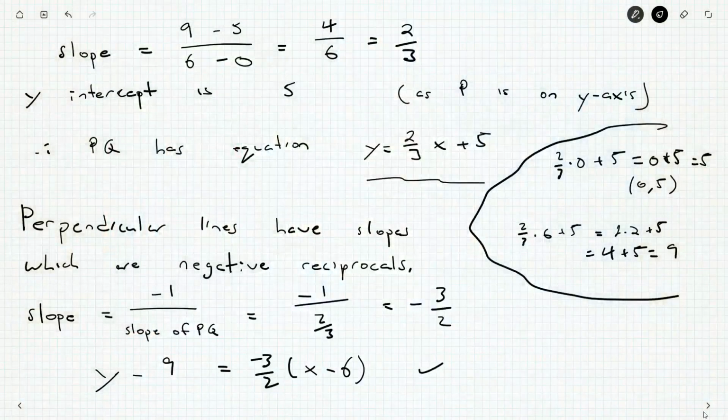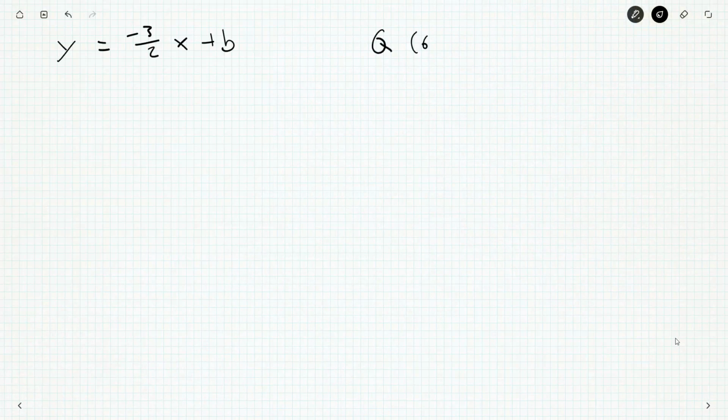So how would I do it if it was y equals mx plus b form? Okay, well, we're looking like y is negative 3/2 x plus b. Q, which is (6, 9), is on the line. So that means 9 is negative 3/2 times 6 plus b.